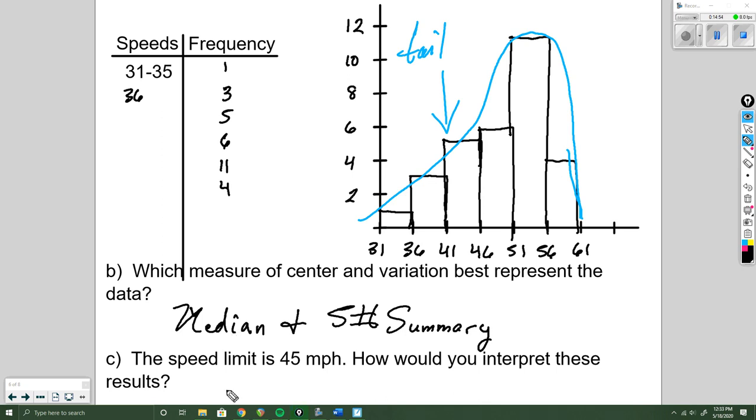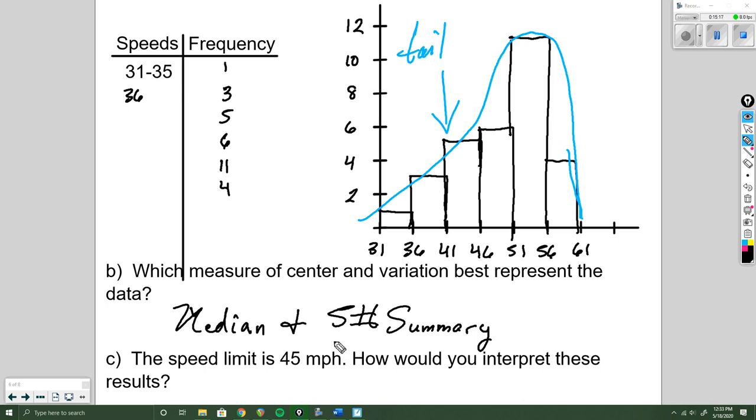The median would be better than the mean, because since this is skewed, that's going to skew the mean. And the 5-number summary would be better than the standard deviation for the same reason. Since this is skewed, a 5-number summary or a box and whisker plot would give us a better representation of what's normal in the data set.